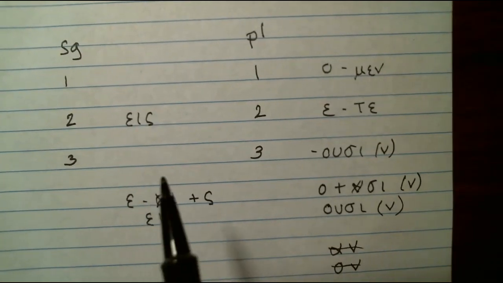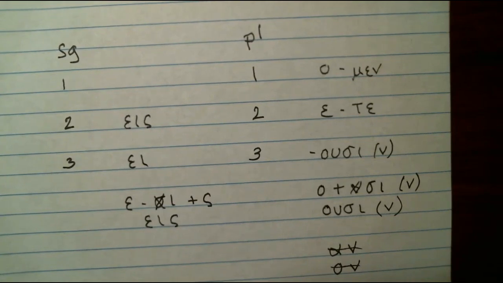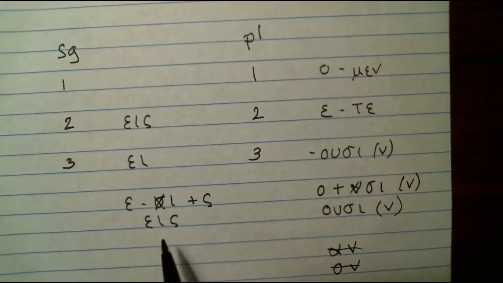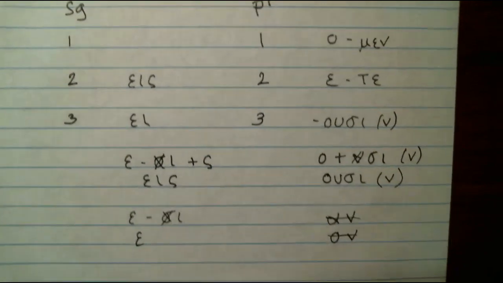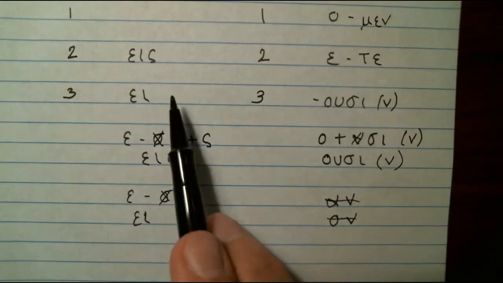Okay. Similar thing happening here with third person singular, -ei. You have the same thing happening here, except that you're not adding a sigma on the end. So you just have epsilon, and then sigma iota, and then the sigma drops out, and you're left with epsilon iota, and that's for the third person.